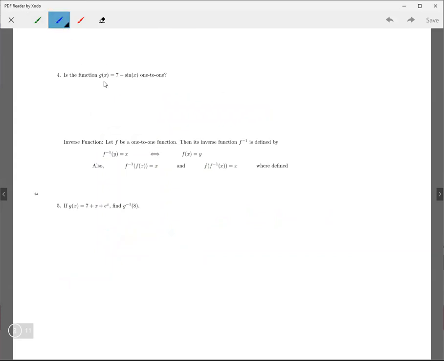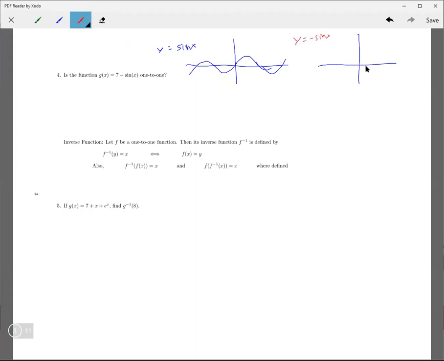Okay, so number 4 is the function f of x equals 7 minus sine x one-to-one? Well, sine x looks something like this. And then negative sine x is going to look like this.